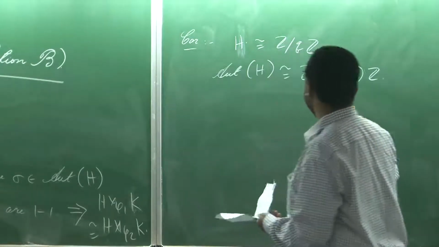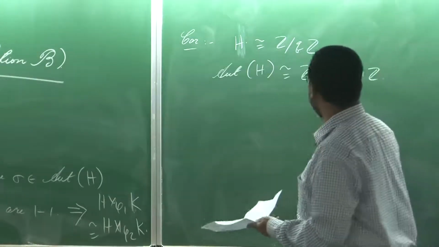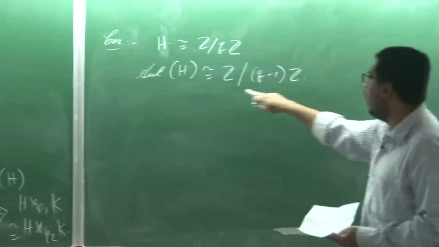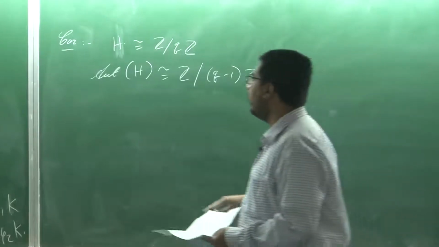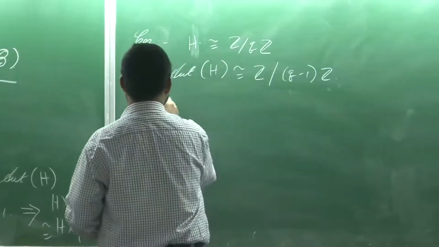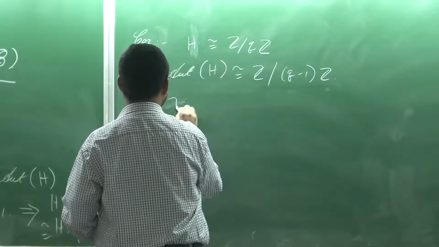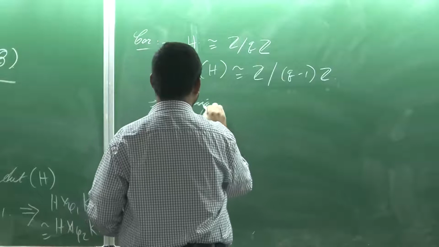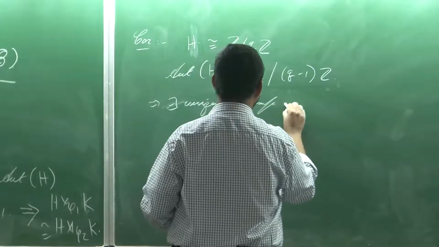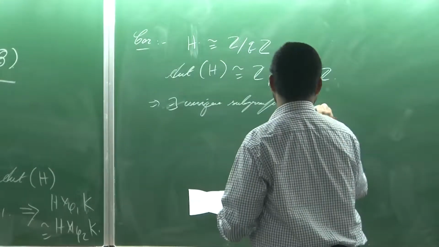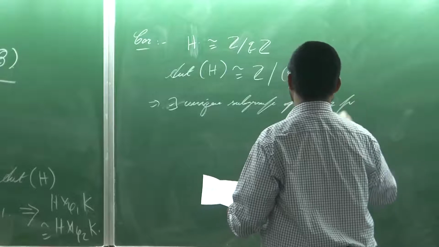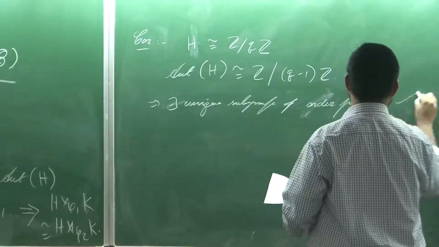Since this is a cyclic group, for any P there is a unique subgroup of order P of this cyclic group. Therefore a unique subgroup of order P of Aut H exists.